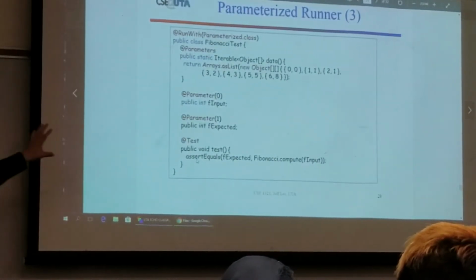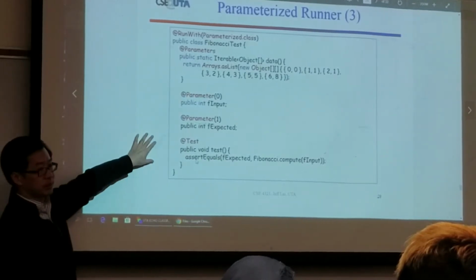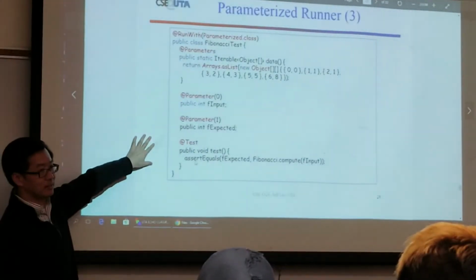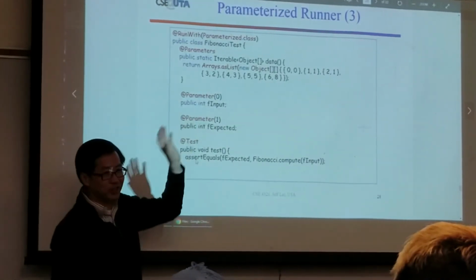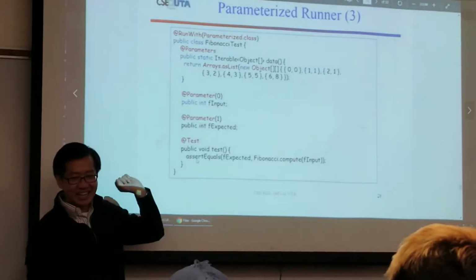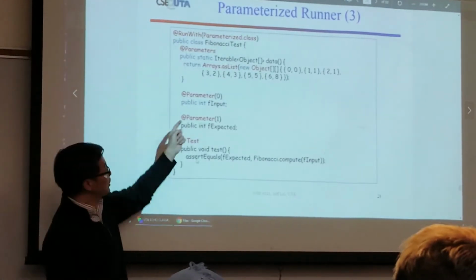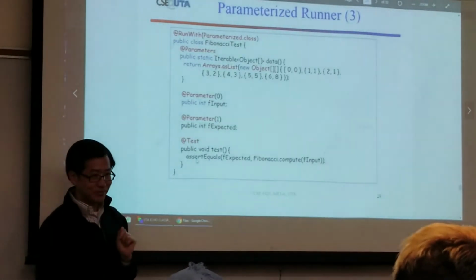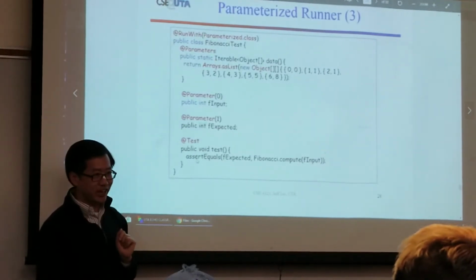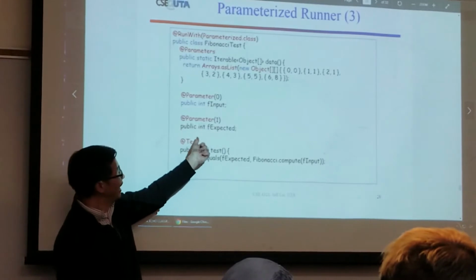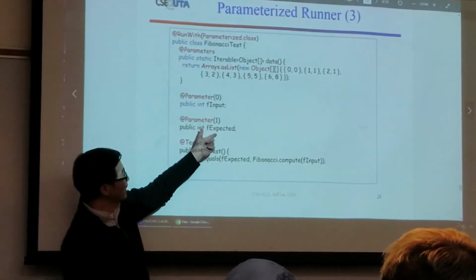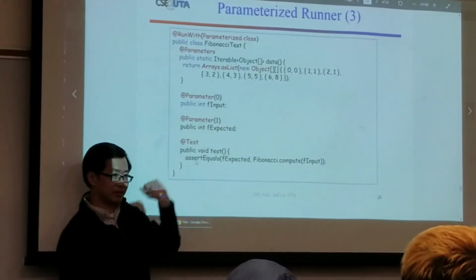Another way to use the parameterized test runner is that you get rid of the constructor, and you directly tell JUnit that this data member will get the first parameter value you're going to pass, and the second one, fExpected, will get the second value.